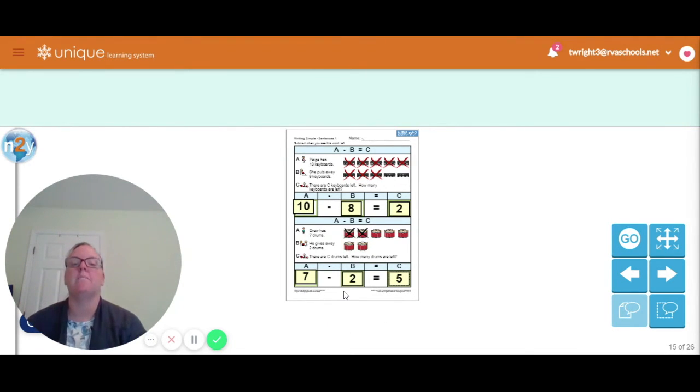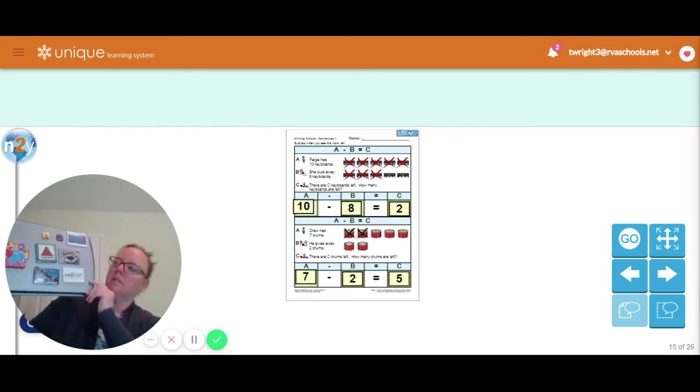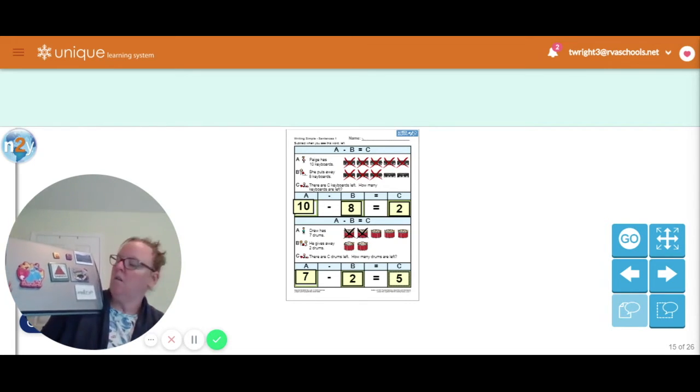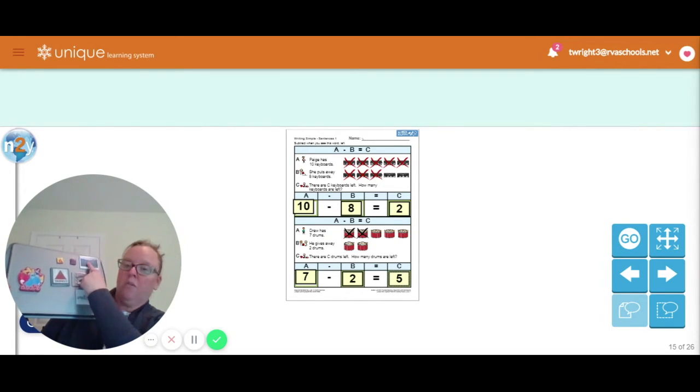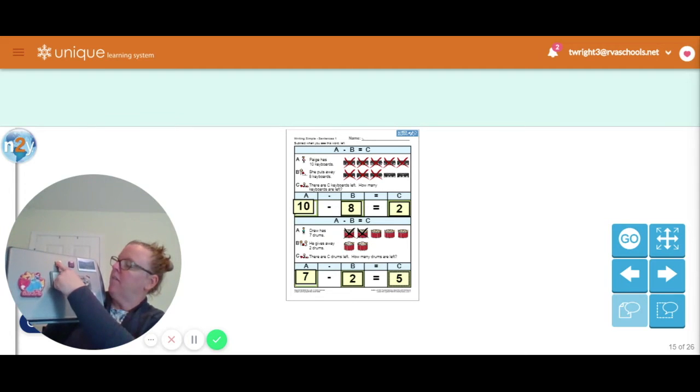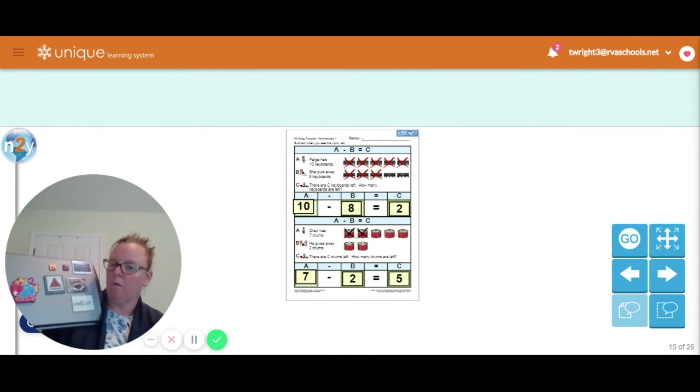But let's do 7 minus 2 equals 5. Let's get 7 magnets. 1, 2, 3, 4, 5, 6, 7, 8. All right, here we go.